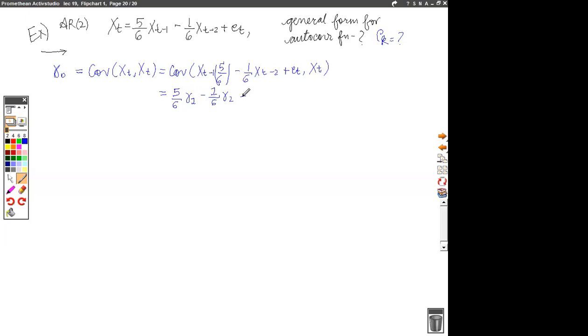Now I have to figure out the covariance between et and xt. Instead of xt, I substitute all of this. We know that this term wouldn't matter, neither would this term, but just for the sake of it, let me write it again.